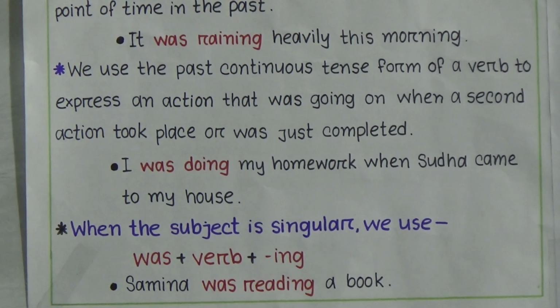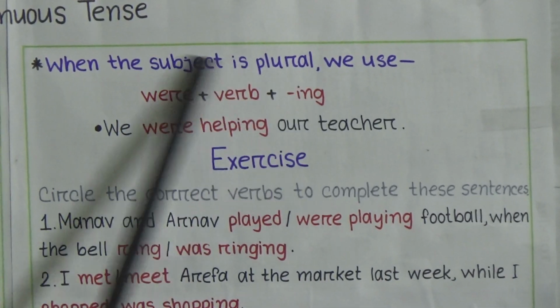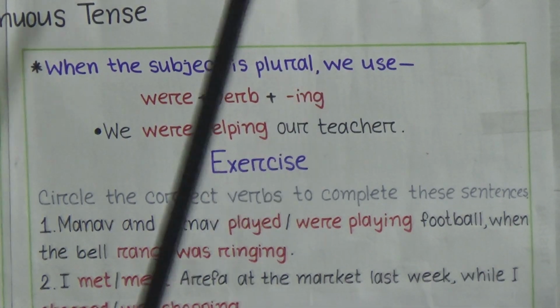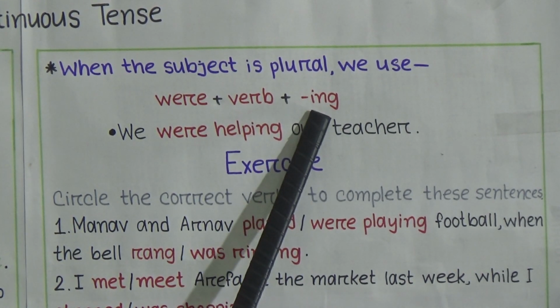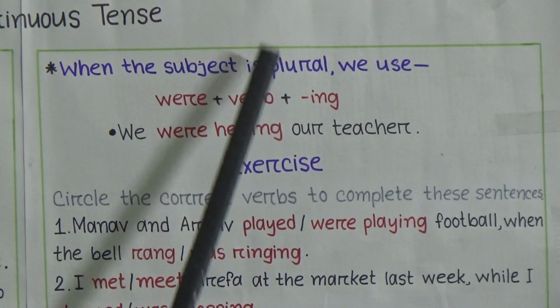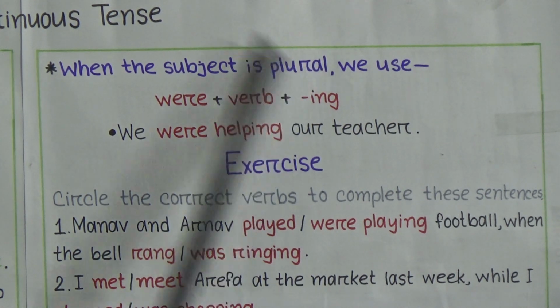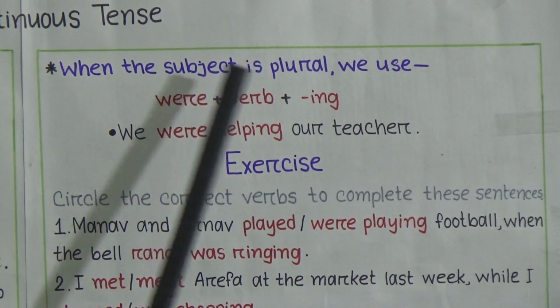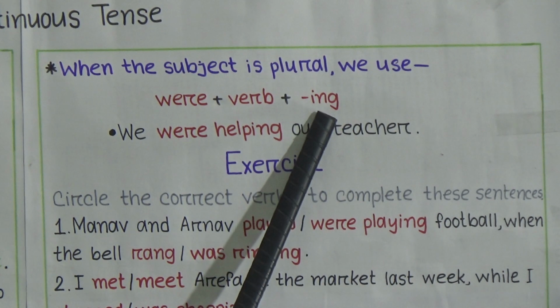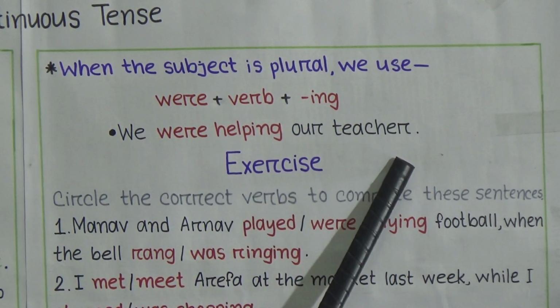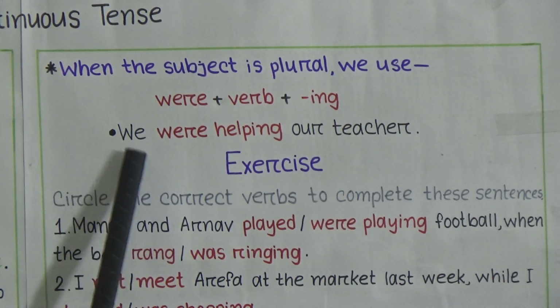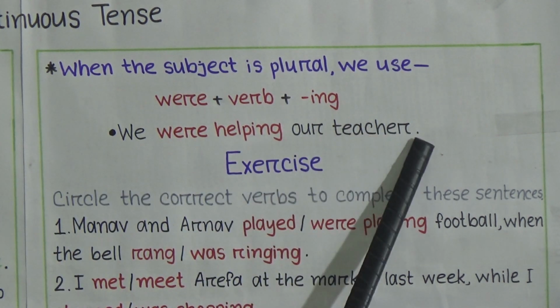Again, the opposite rule. When the subject is plural, we use this structure. The structure is were plus verb plus ing. When you find any subject which is plural, you must use were plus verb and ing. Look at this example, we were helping our teacher.